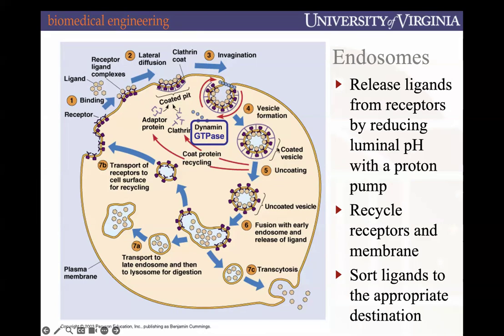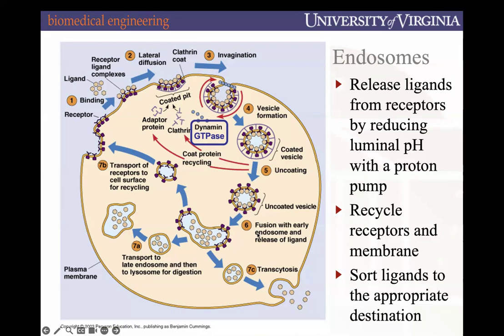We have the clathrin coated on the outside, and all these receptors with their ligands. What ends up happening is we lose this clathrin coating. It gets recycled for other receptors that are binding to ligands to endocytose things. So now we just have the membrane with these receptors and the ligands.